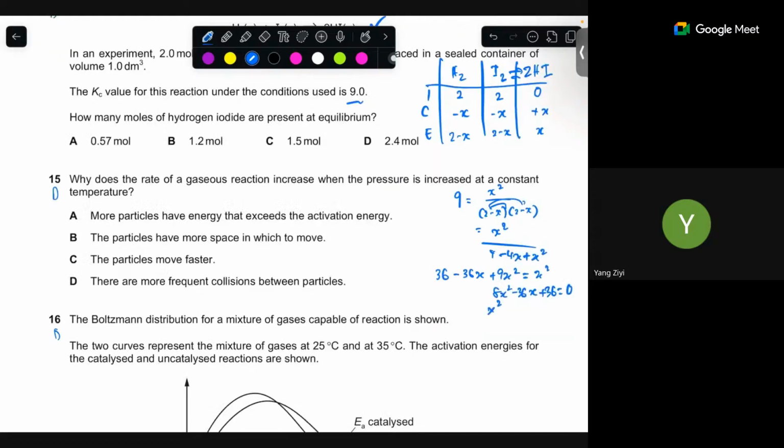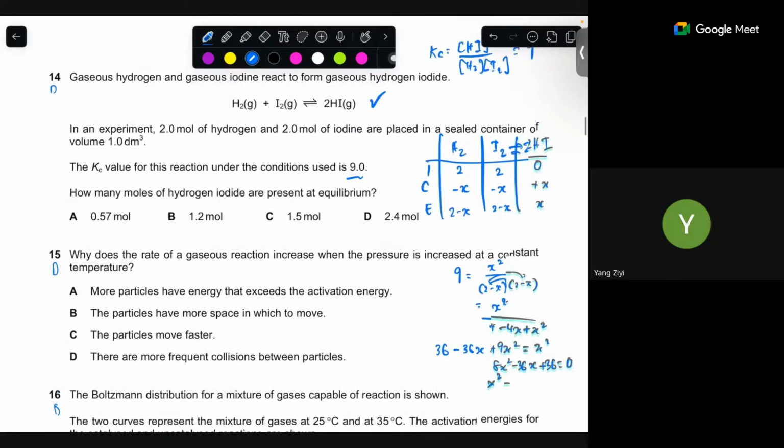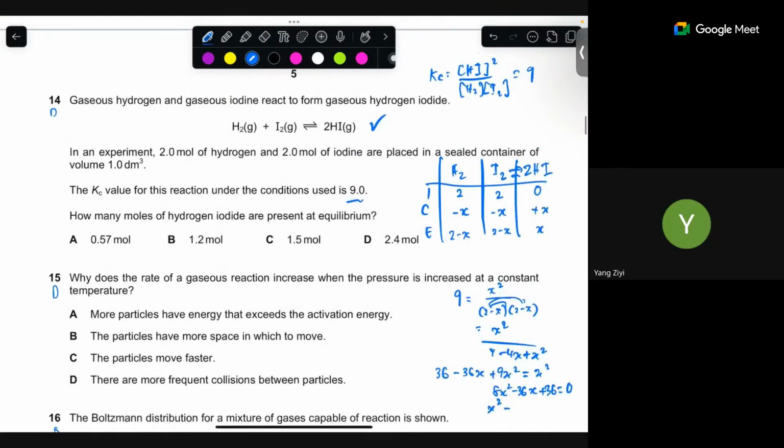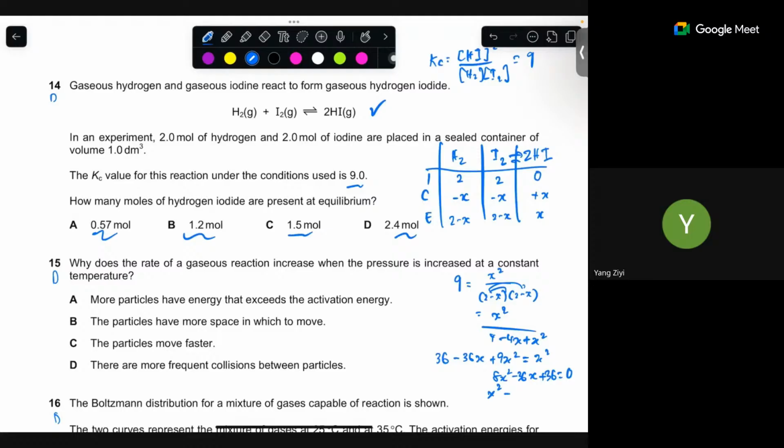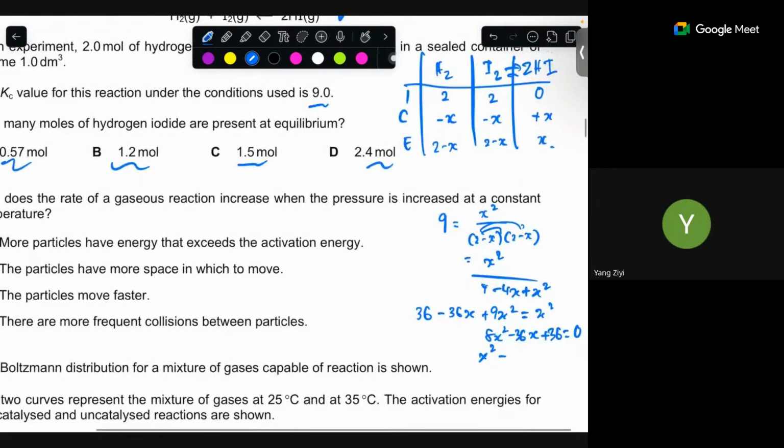So X, I don't know how it relates to this. Maybe we just replace the values, if it is going to be 0. Or use your calculator, Andrew. Can you solve this equation?